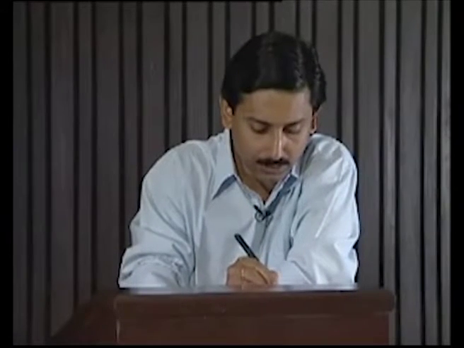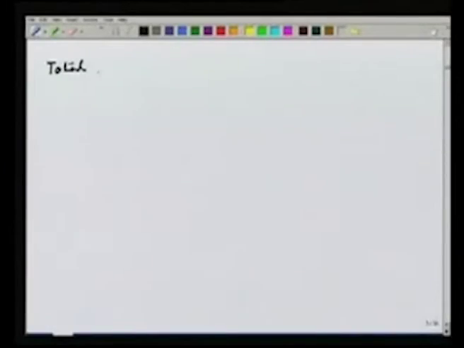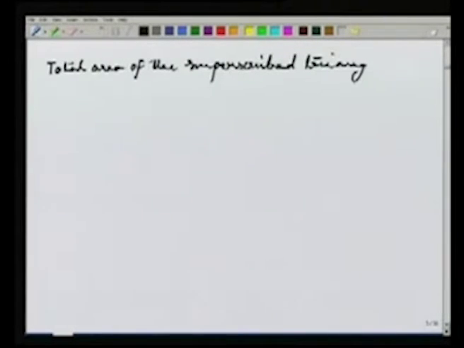So total area of the superscribed triangles is equal to n times r square tan pi by n.